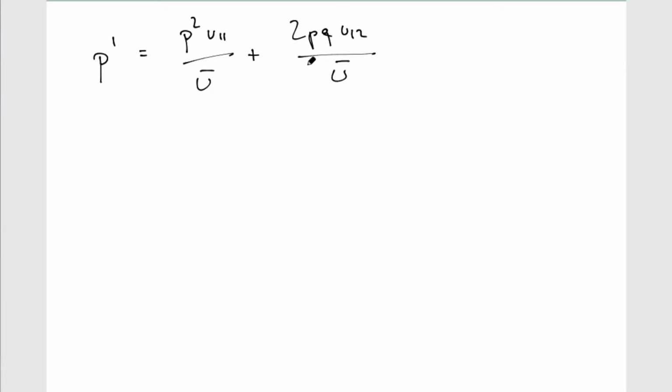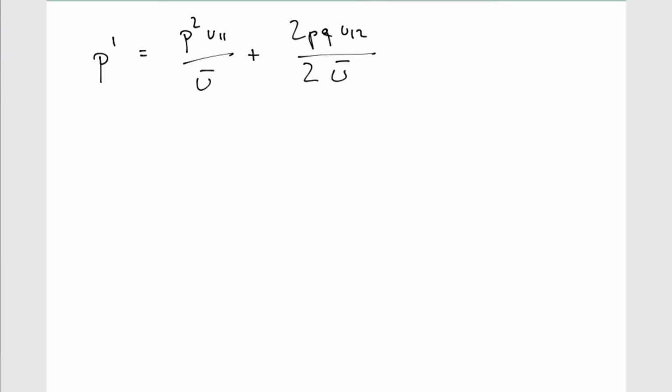In other words, we can write P in the next generation as what A1 will be in the next generation, and we now know this is simply P squared times W11 divided by W bar plus half of 2PQ W12 divided by W bar, and so I'm just going to add the 2 here for the half.